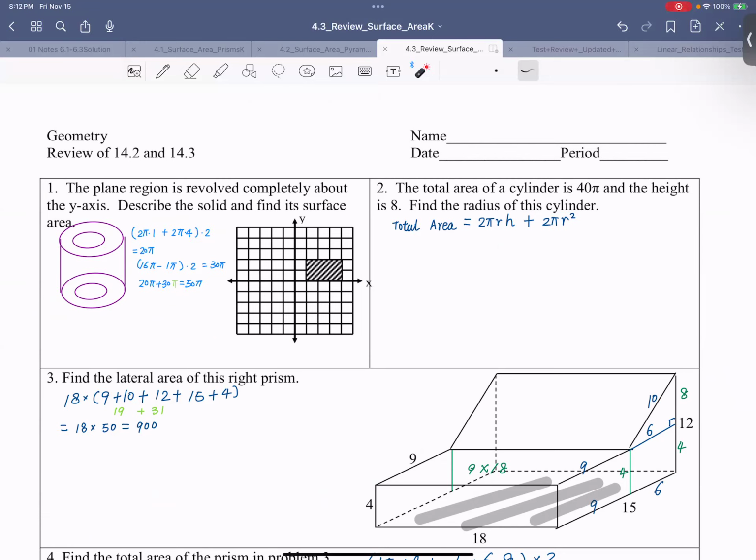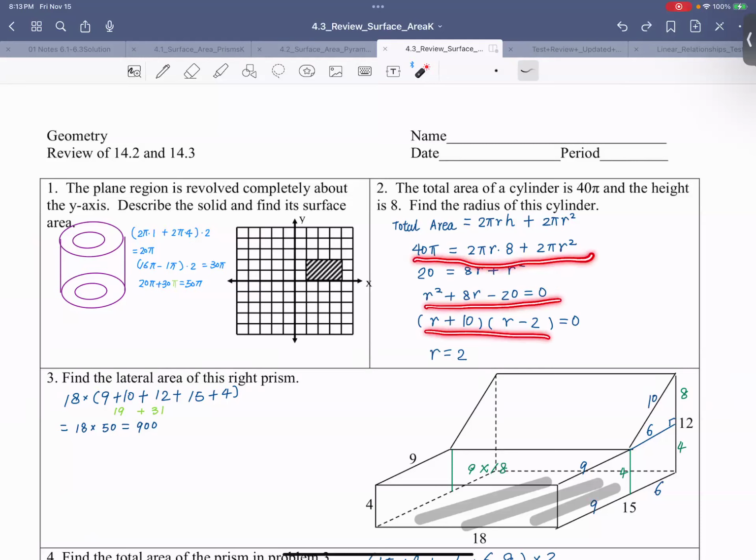Who else finished? Number 2. What's the radius? You have the quadratic equation you can solve. You have an equation like this. You can solve this so that your r equals 2, okay?